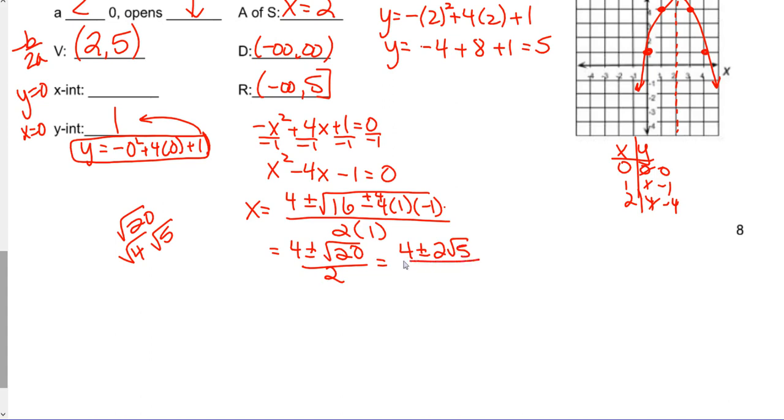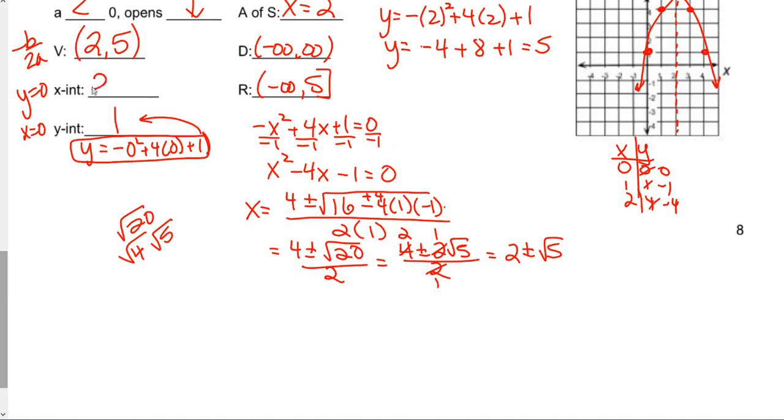And because I have a 2 in all spots, bam, bam, bam, right there, that means I can cancel a 2 with all of them. So cancel a 2, and cancel a 2 with everything on the outside. Final answer becomes 2 plus or minus root 5 all over 1, but I'm not going to write the all over 1. That would be our answer.